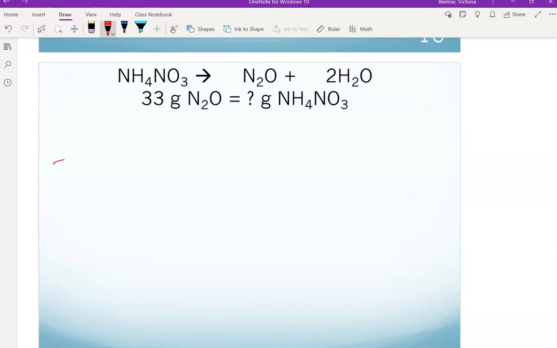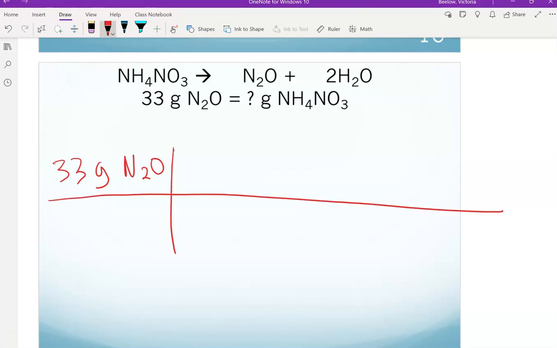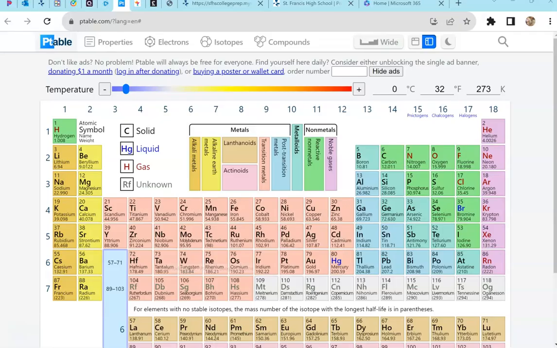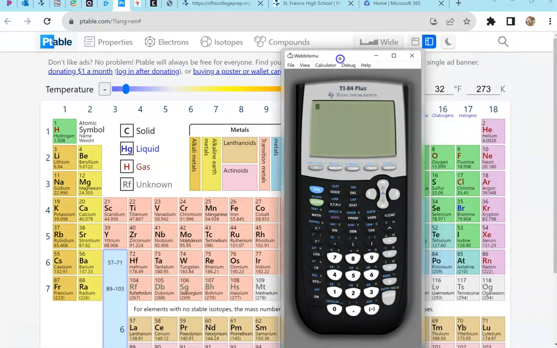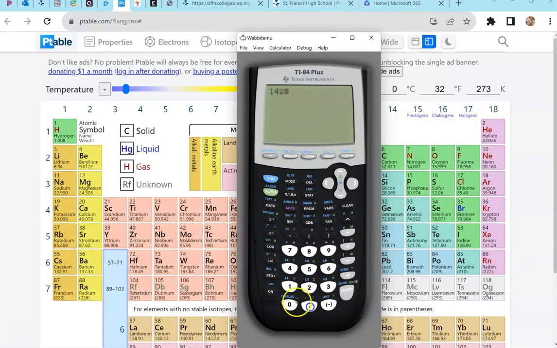I'm going to start with what the problem gave me, 33 grams of N2O. Again, if you're ever starting with grams, the first thing you want to do is get it into moles. And the only way to do that is to calculate the molar mass. So we have N2O. Nitrogen is 14.007 times 2, plus oxygen we can say is 16.